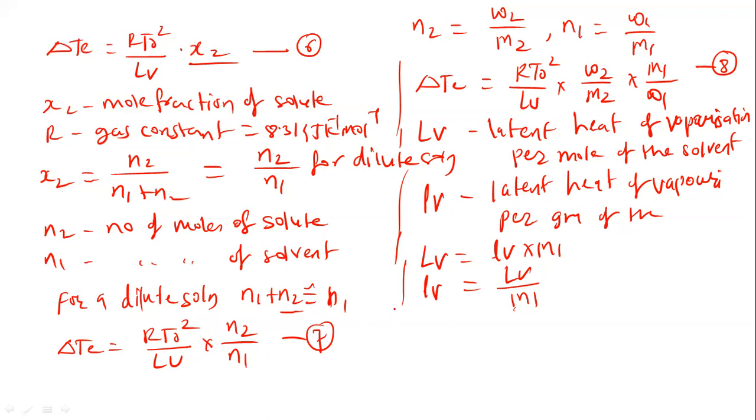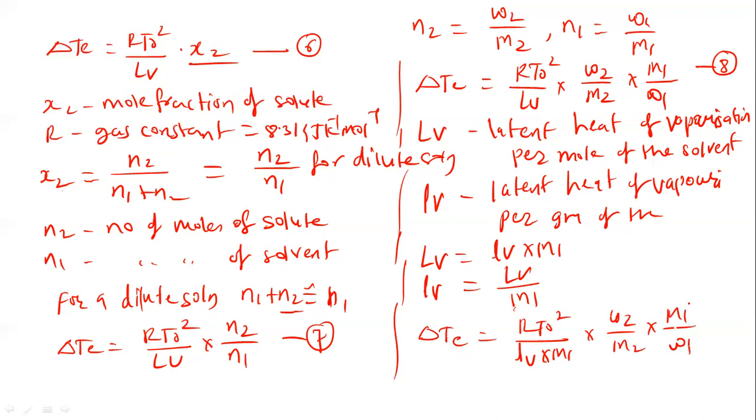So equation 8 can be written as delta TE equal to RT0 square divided by capital LV. Now capital LV is small lv into M1, and the remaining terms are W2 upon M2 into M1 upon W1.